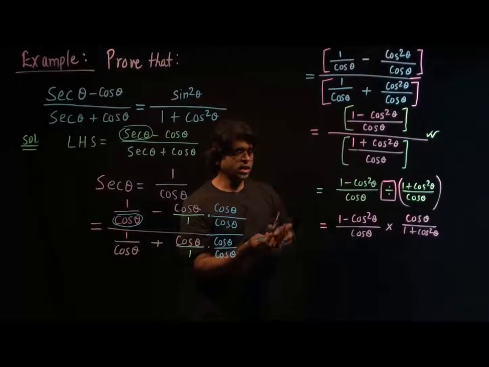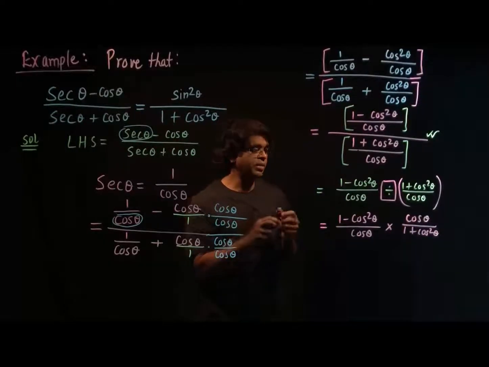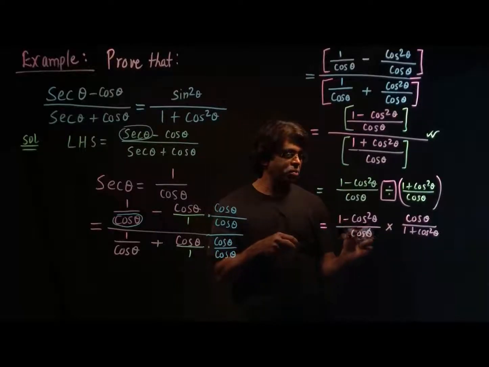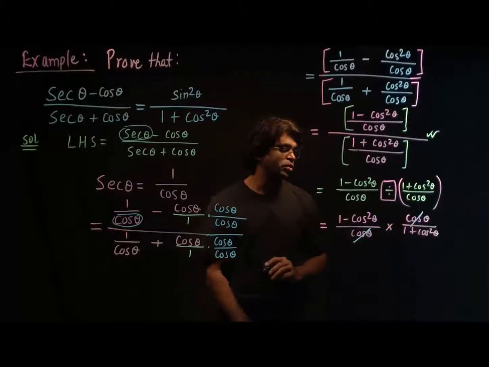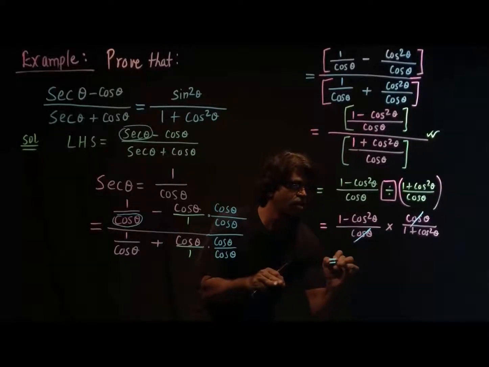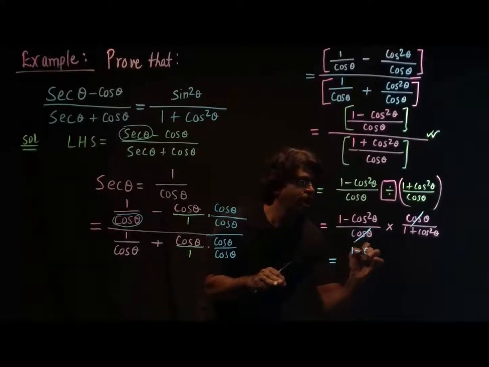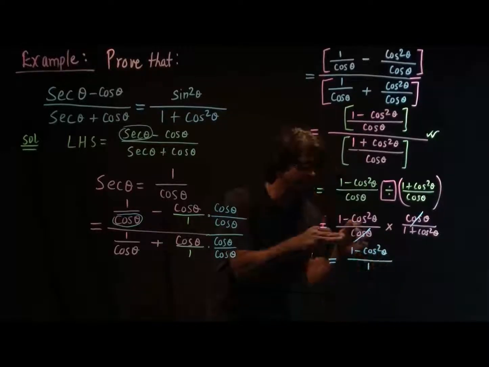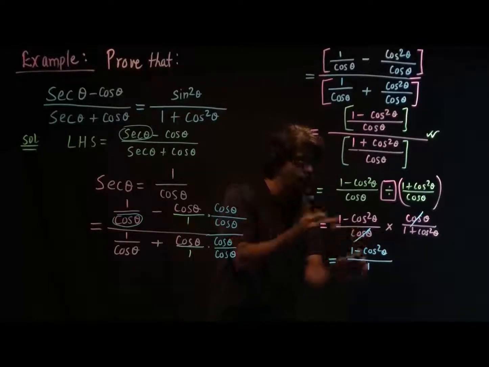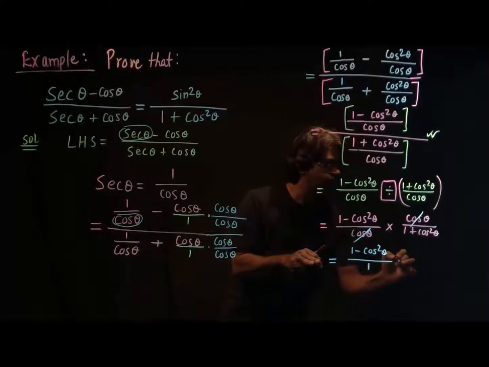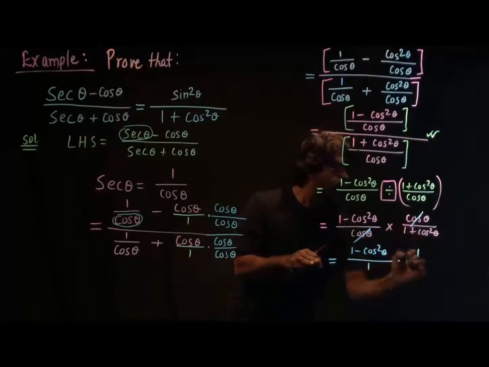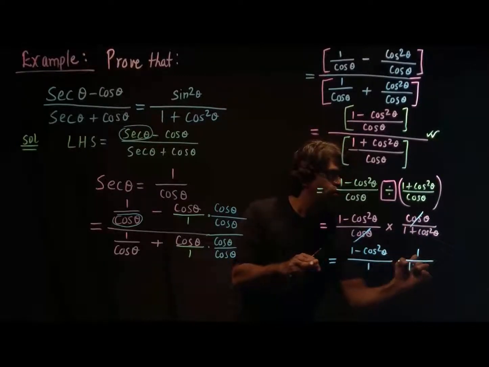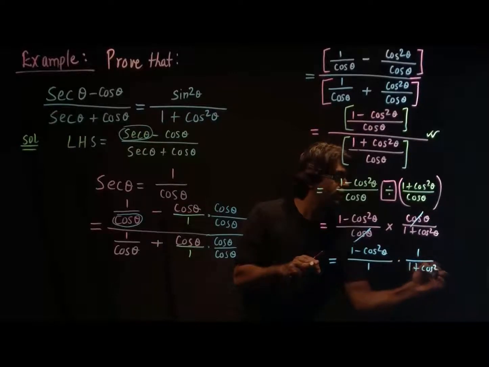Now I can cancel out the equal terms. The cosine here will be cancelled out by cosine. If I cancel this out, I have 1 minus cosine square theta over 1, because this cosine is cancelled out, so the only thing left is 1, times 1 over 1 plus cosine square theta.